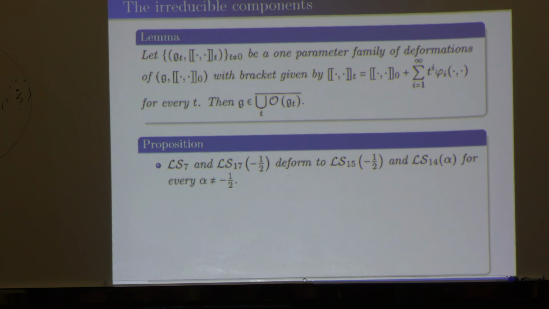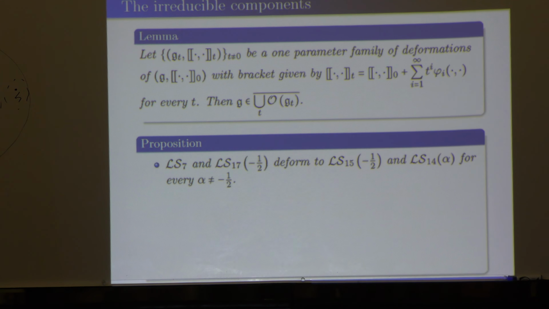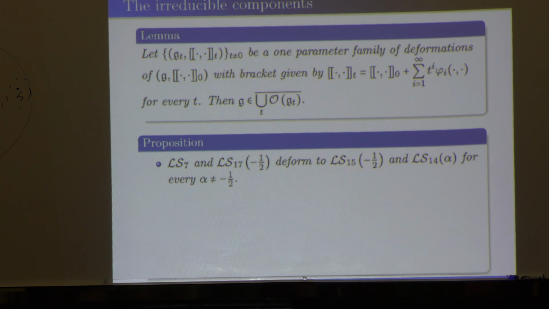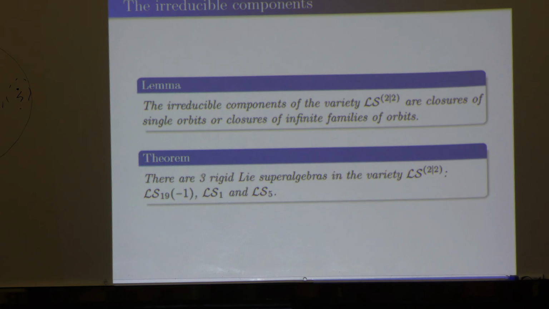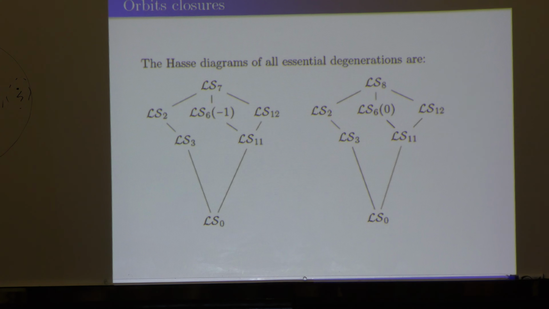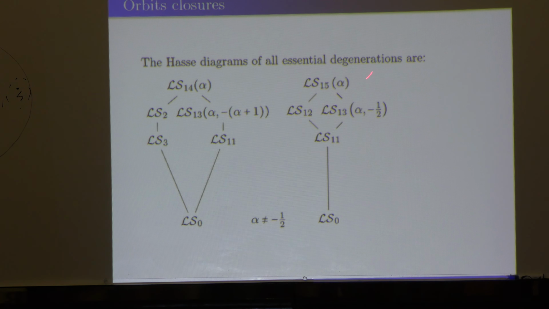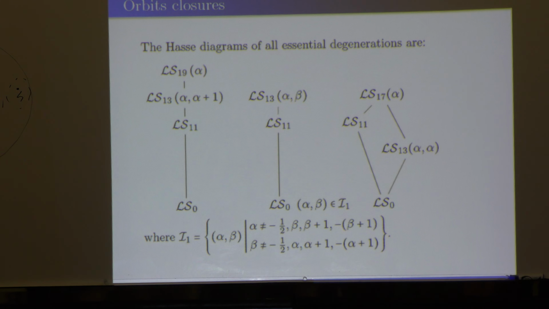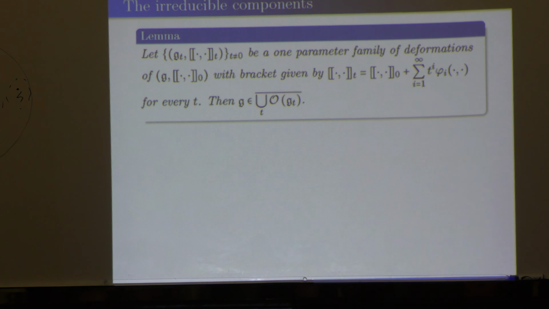So we obtain that the Lie superalgebras 7 and 17 minus 1 over 2. Well, wait a minute. We proved that these were rigid, so it remains to see what happened with all these, all the ones on the top. This one, and this one.